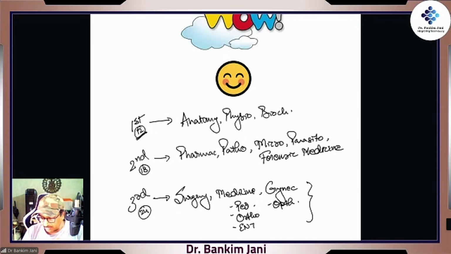And radiology is with all. It is associated with everything. So this is the pattern. This is how medical studies should go on. By this method, when you study, by the end there won't be any trouble in any of the exams. So whatever happens, we will plan in this way only.